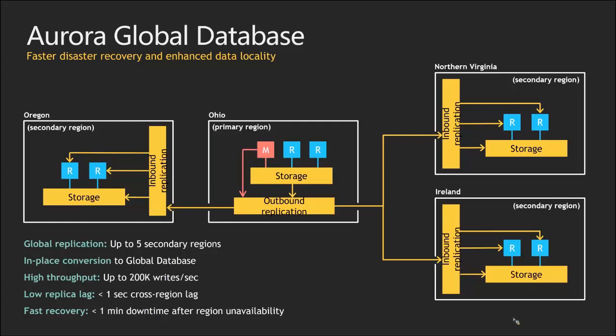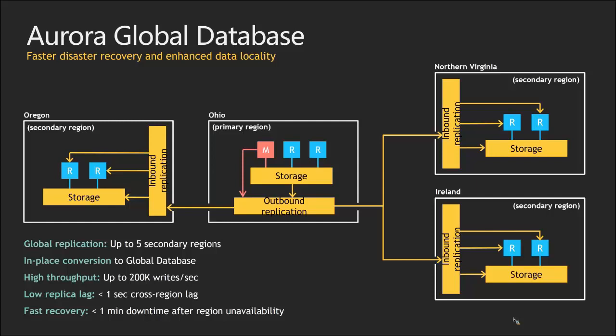And we are running outbound replication behind the scenes to 3 additional regions in this diagram. And that means that you have fully replicated and up to the second copies of your data in these 3 additional regions. So basically, it's a global deployment of the database.